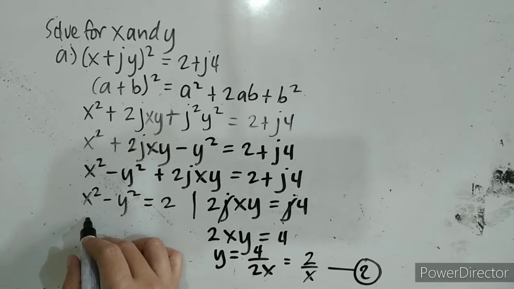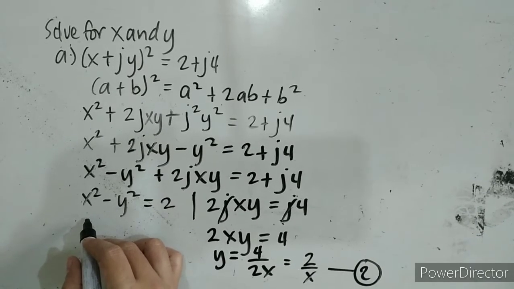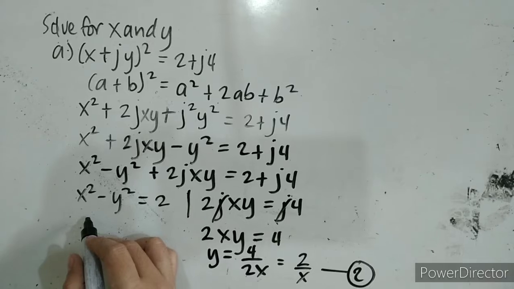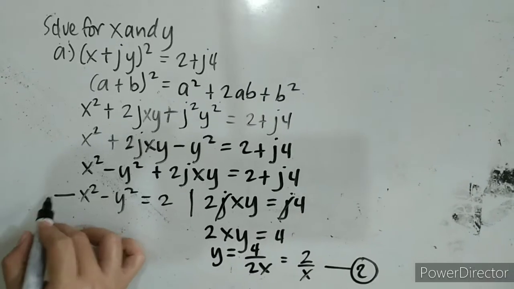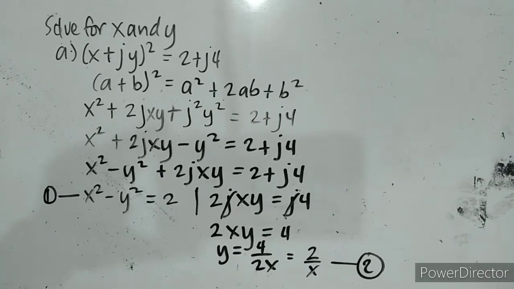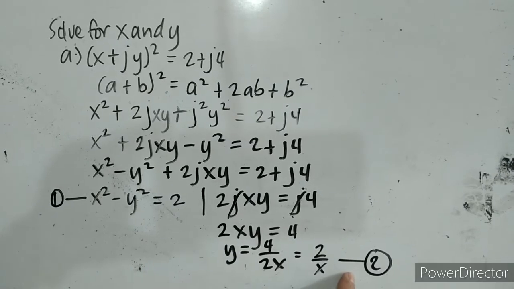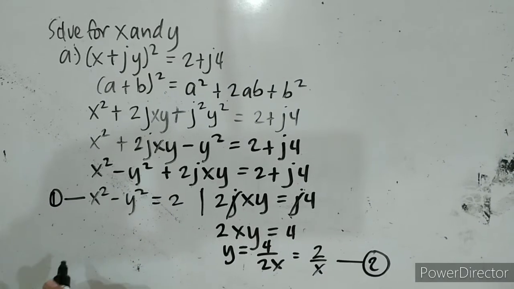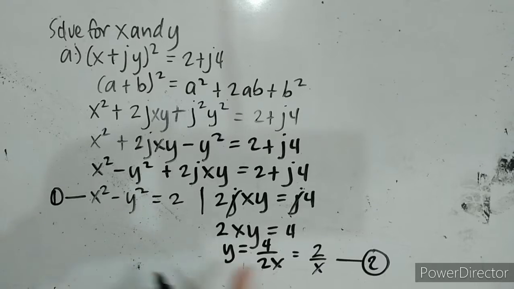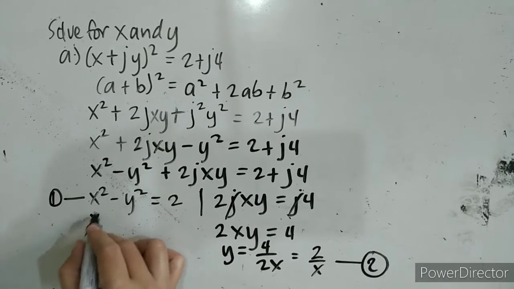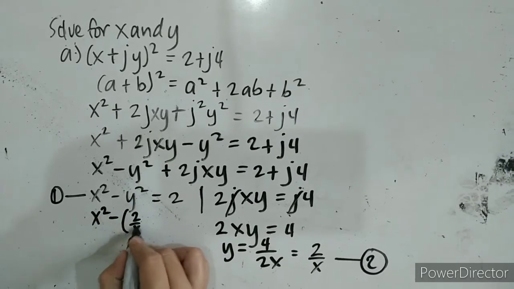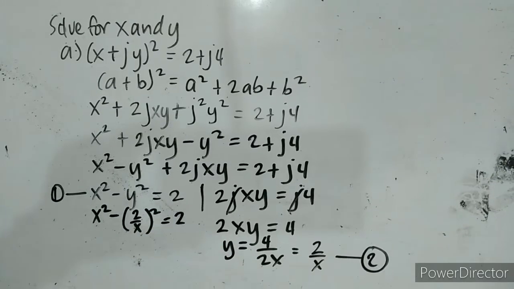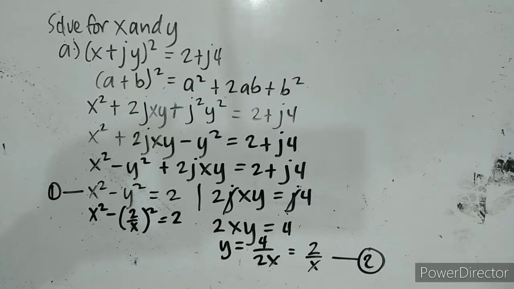This one we can use as our equation 1, where we substitute our equation 2. So y is equal to 2 over x, so this becomes x squared minus (2 over x) squared equals 2.